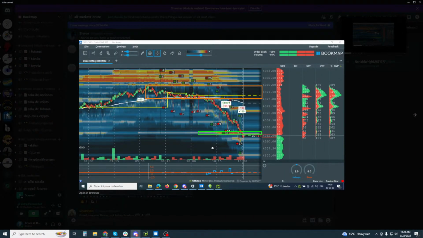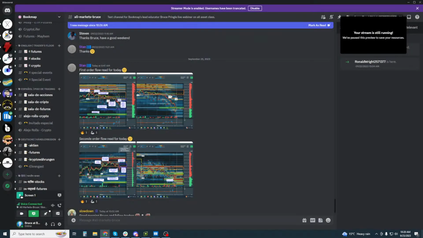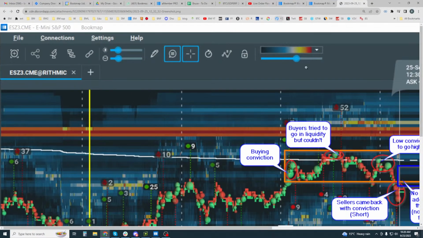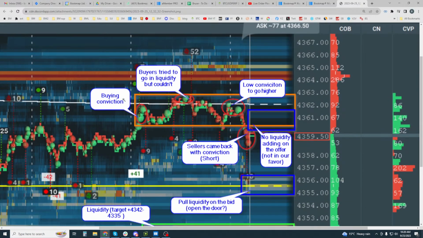Let's take a look at the next image here. Target achieved. Nicely done, Stan. Here's another one that looks almost identical. See how, this is why documenting your trading activity and order flow phenomena matters. We're providing this pathway via the Academy, and look how Stan has taken advantage of this.